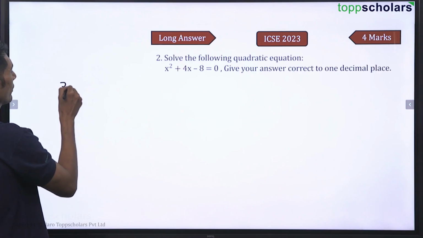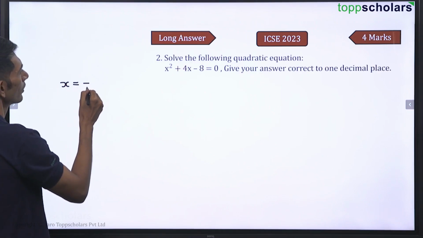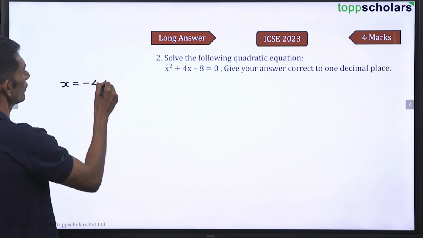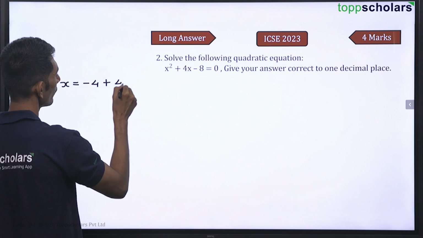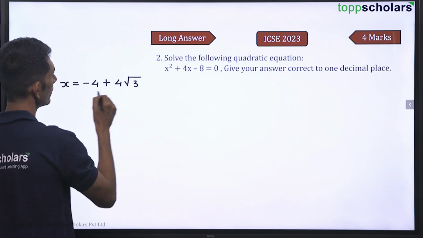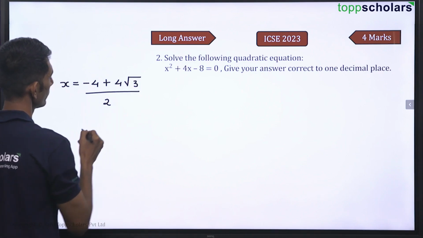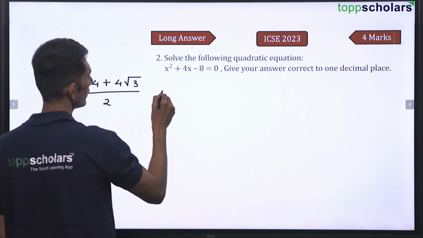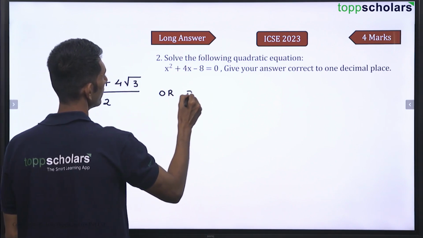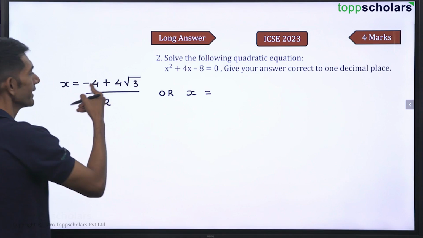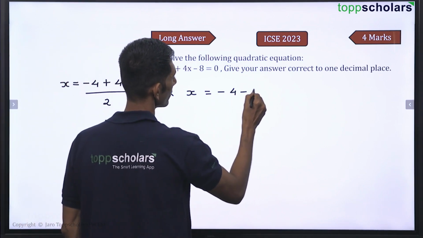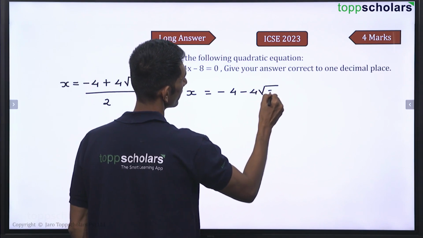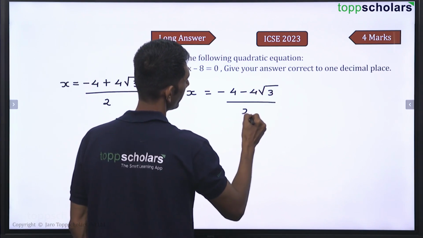So we can say x is equal to minus 4 plus 4 root 3 the whole divided by 2, or x is equal to minus 4 minus 4 root 3, the whole divided by 2.